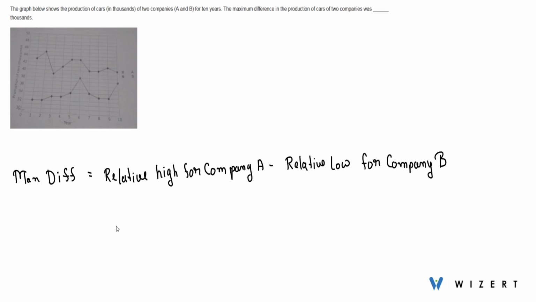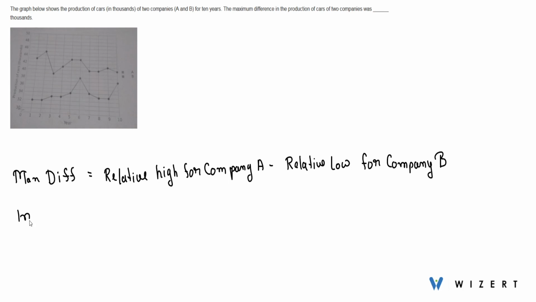Now, relative high for company A is obtained in year number 2. So, in year number 2, company A's production has reached its 10 years high value, which is 45,000 cars.